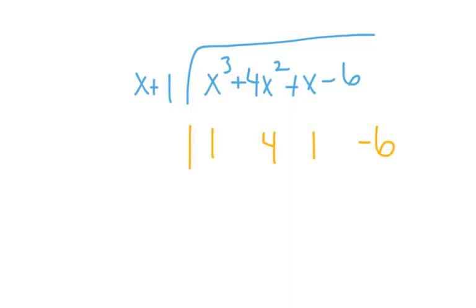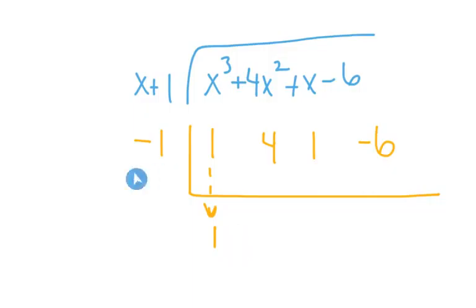Let's draw our bracket, and we want to change the sign of this positive 1 to a negative 1. Lastly, let's bring down that first term and start the multiplying and adding process.